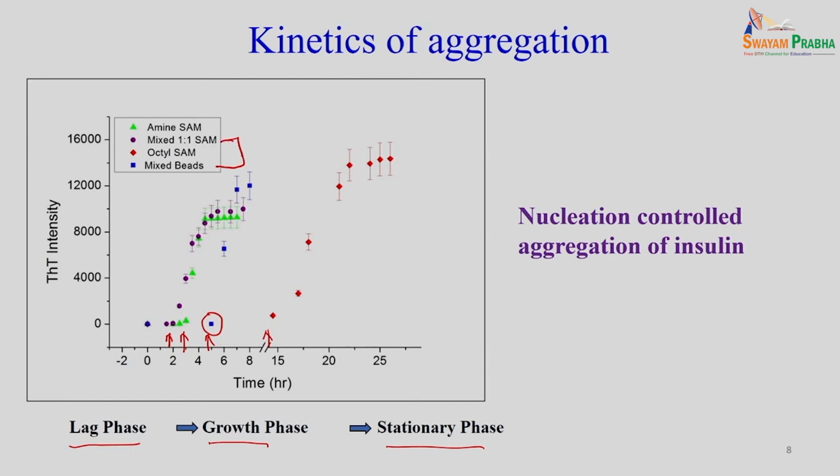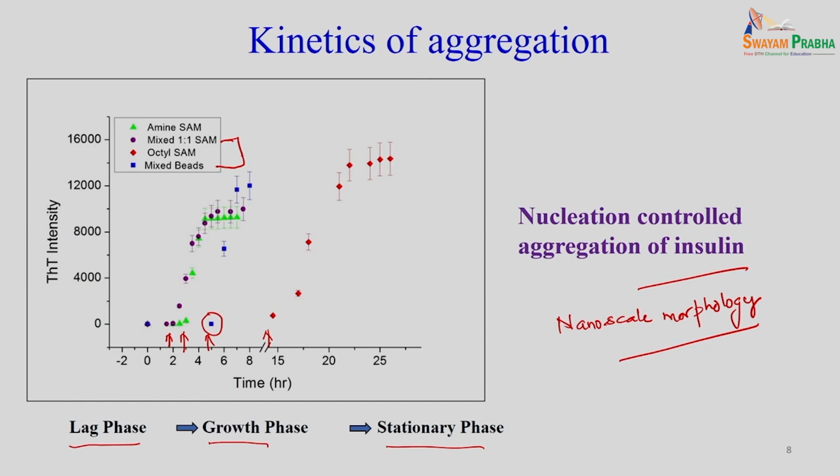What it suggests is that although in mixed SAM and mixed bead the presence of amine and octyl groups will be almost the same, the mixed SAM will have nanoscale morphology, or nanostructured surfaces, due to the formation of mixed SAM.